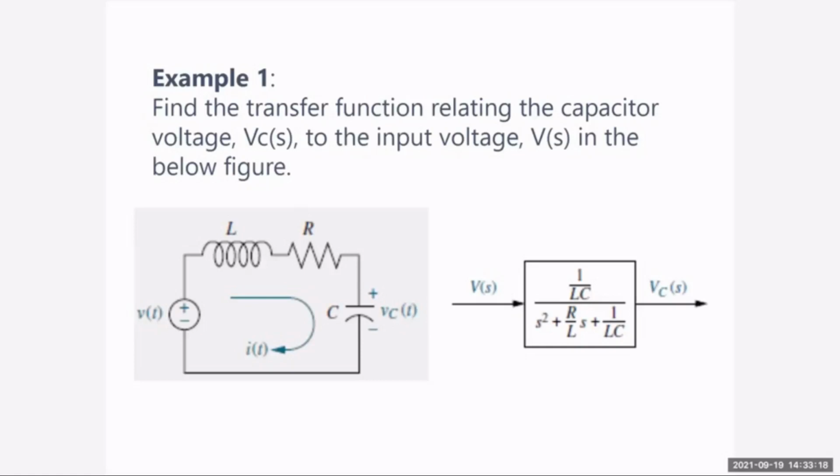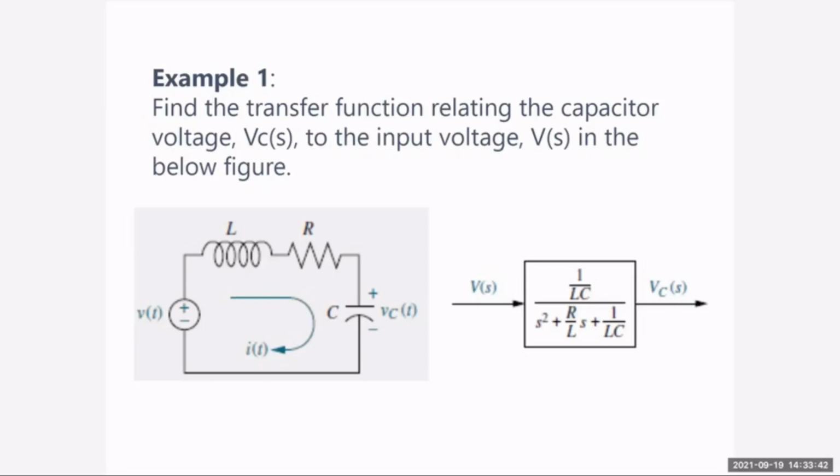Next is to convert the charge to voltage for the capacitor. We all know that the capacitor is a component that stores charge, so we convert all q(t) into C Vc(t).